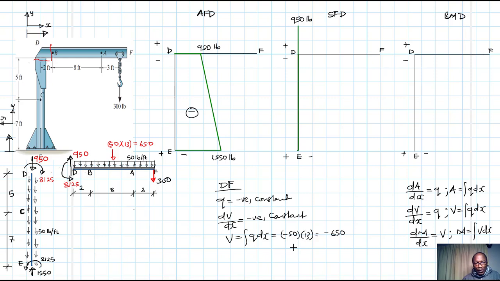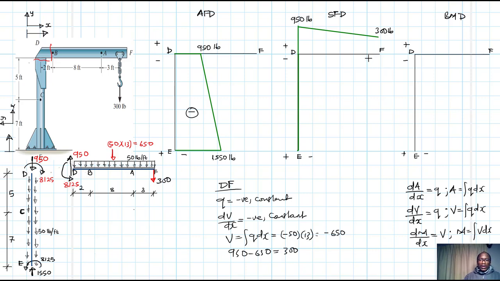Now the two are going to interact. We have 950 minus 650, which gives us 300. So we expect a reduction from there to positive 300 up to somewhere there. That is our 300 pounds.